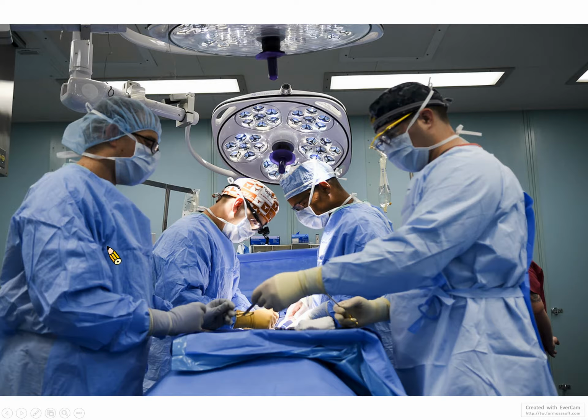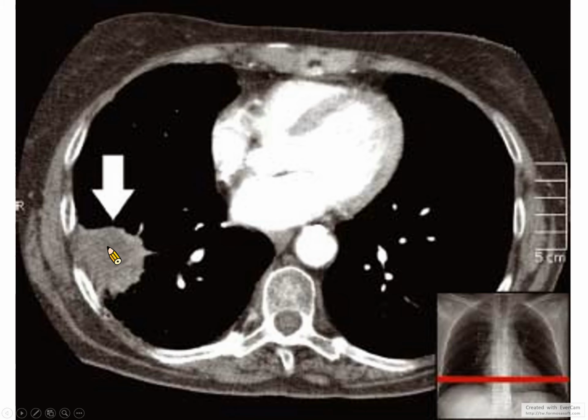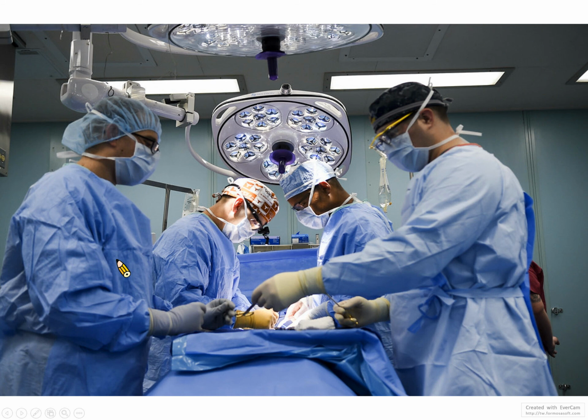We can do a biopsy either using a surgical procedure, or a needle biopsy, which just penetrates through the pleura with a needle to get some tissue. But in this case, the doctor decides to do a surgical operation to remove the tumor and also identify the nature of the tumor.